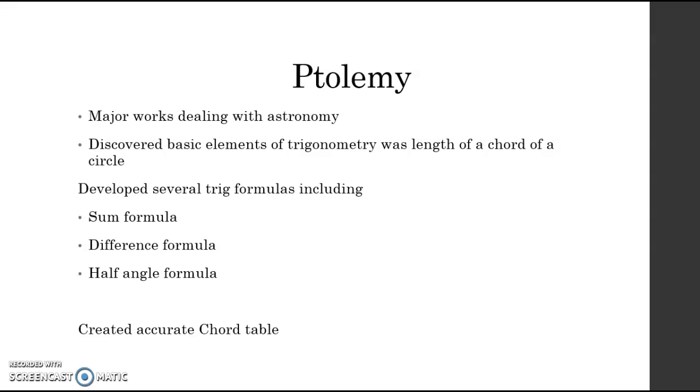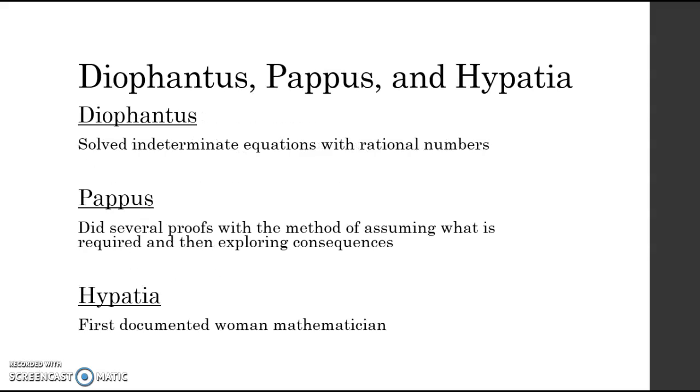He dealt more with chords in trig, whereas today we don't exactly view it that way. But it definitely helped set the foundation for trig. Some of the things he developed were the sum formula, the difference formula, and the half-angle formula. These are trig functions we still have today, so obviously it's stuck around somewhat. He also created an accurate chord table, which is quite interesting.